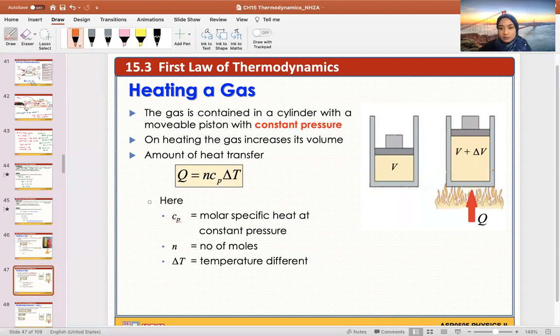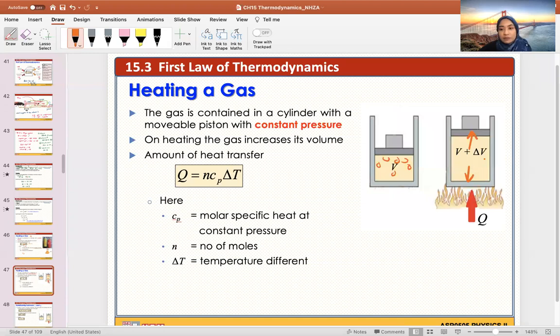Now here, let's look at this example. I have a piston. I supply heat to this piston. This piston has gas molecules inside it, of course. We're talking about ideal gas. When I supply more heat, the kinetic energy increases. I mean, the internal energy of the gas increases. It moves about, so it expands.